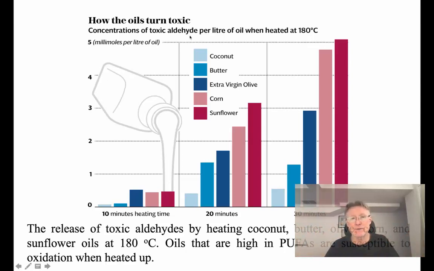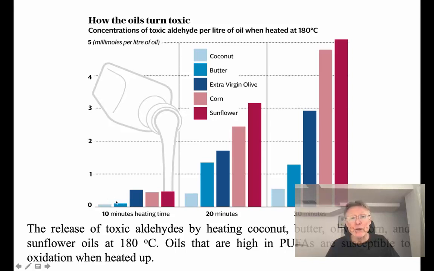The more mono and polyunsaturated fatty acids you have, the more double bonds, and these double bonds make them more susceptible, more vulnerable, to oxidation. So if we compare coconut, butter, olive oil, corn, and sunflower, when you heat for approximately 10 minutes at 180 degrees, you get a very small amount from the saturated fat oils. You get a much higher release of these toxic aldehydes from the others, though it's still not too much.